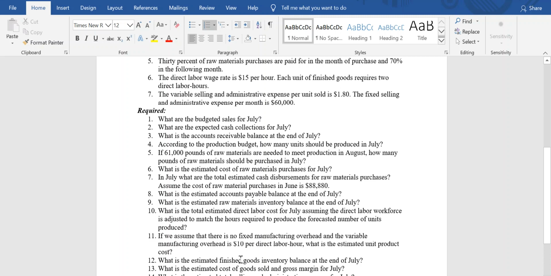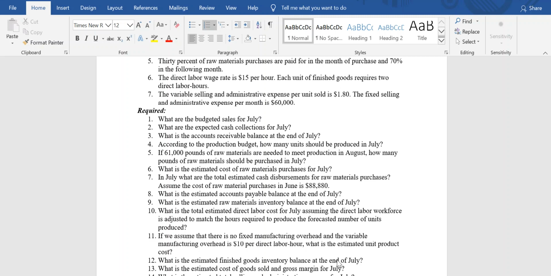All right, number 12 in this problem, we'll come to that next. What is the estimated finished goods inventory balance at the end of July? Well, we're going to look at the ending finished goods balance, which is going to be based on 10% of the production needs in August.